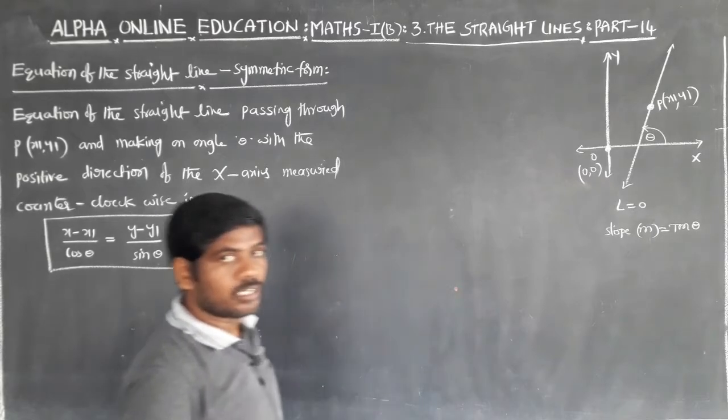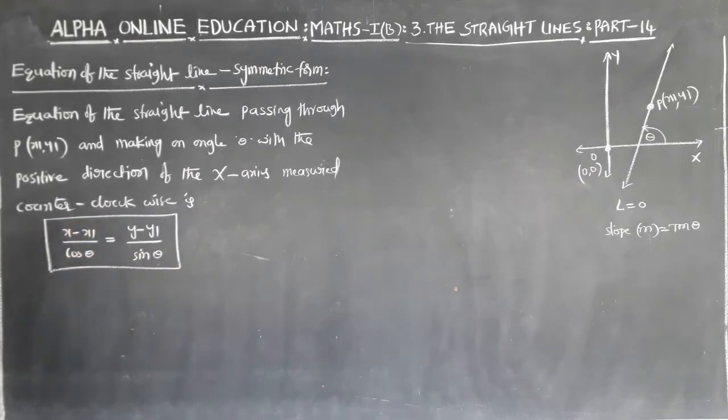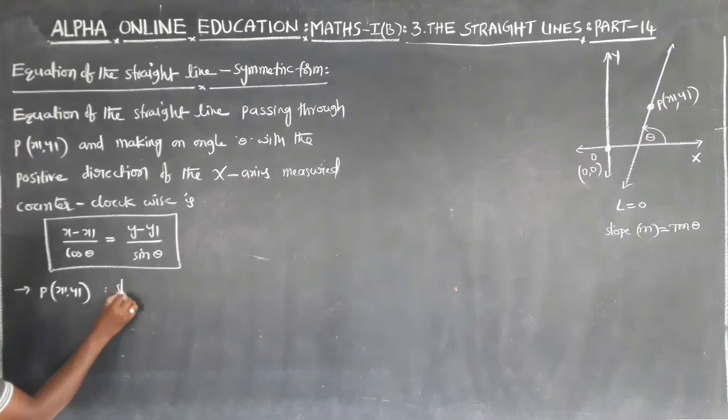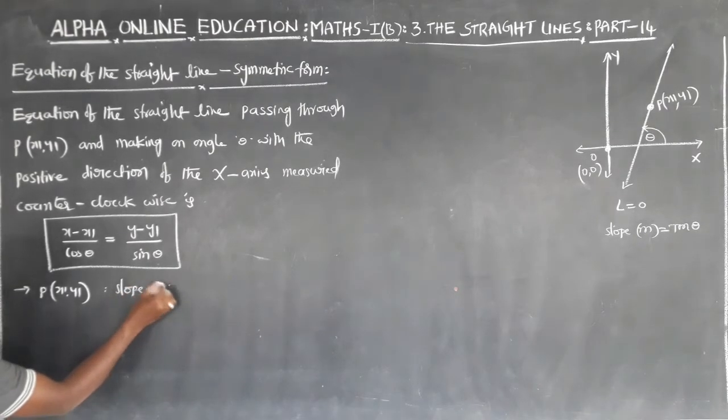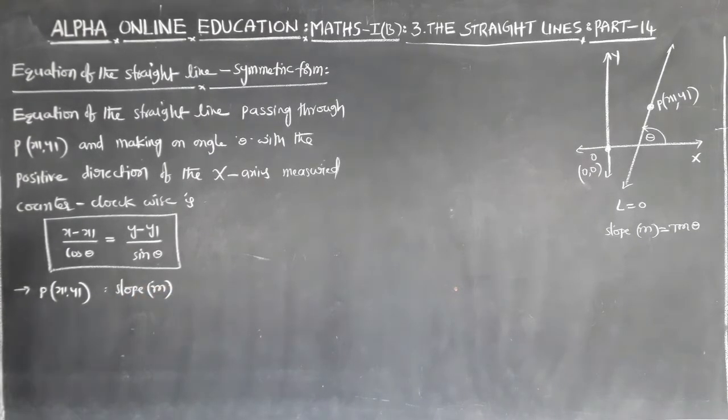The equation of the straight line passing through the point P(x1, y1) and having slope m is the point slope form.